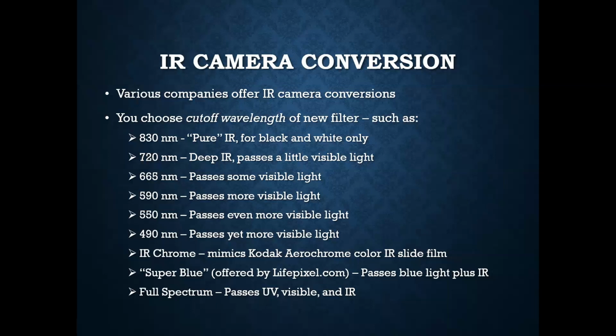So if your camera is, for example, a 590 nanometer camera, and you want to get infrared images with a longer wavelength filter, you can do that because those filters don't fight each other. If you put a 720 nanometer filter over the lens of your 590 nanometer camera, that 720 nanometer filter will now block the red end of the visible spectrum, but all the infrared light still gets through.